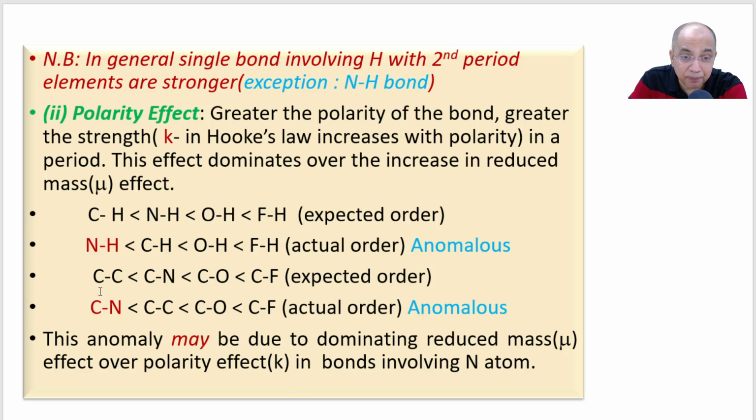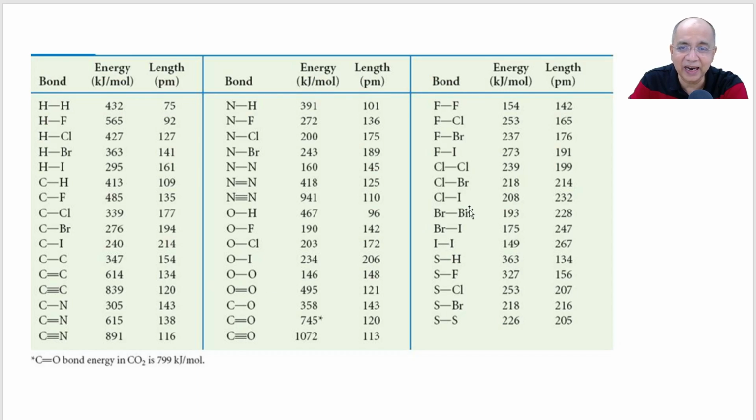Similarly, if you keep the carbon fixed and again change from carbon to fluorine, then you will expect the same trend due to increase in the polarity and hence force constant of the bond oscillator. But again, the same anomaly, the CN bond is the weakest. You can verify that.